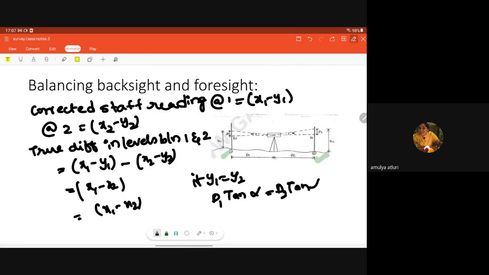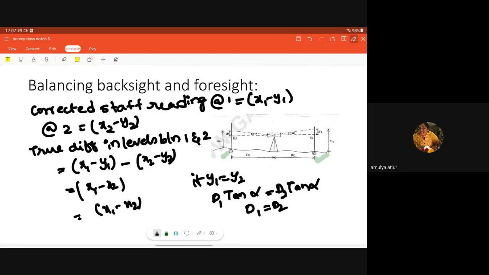Agree? So these are the angles d1, d2. Then d1 equal to d2. The instrument is centrally located. Okay, so this is the thing.